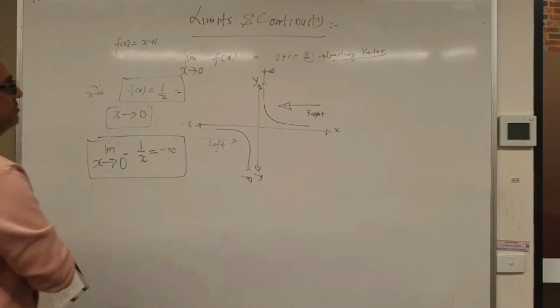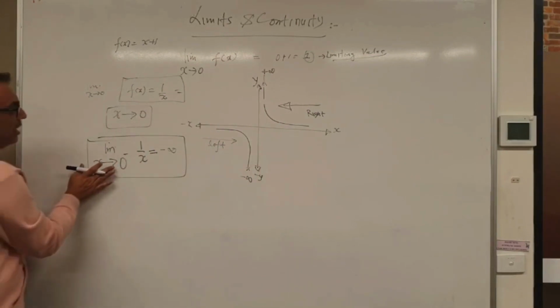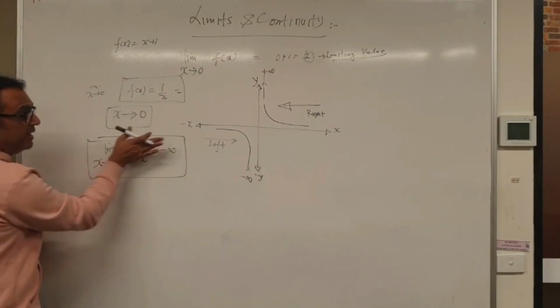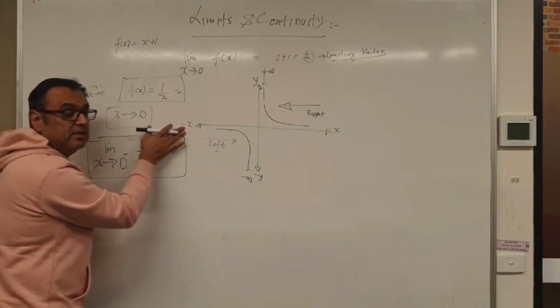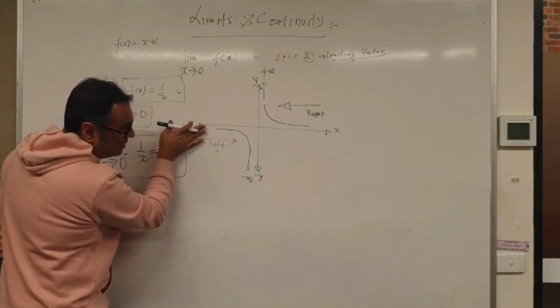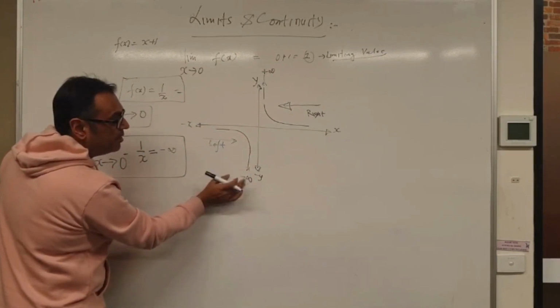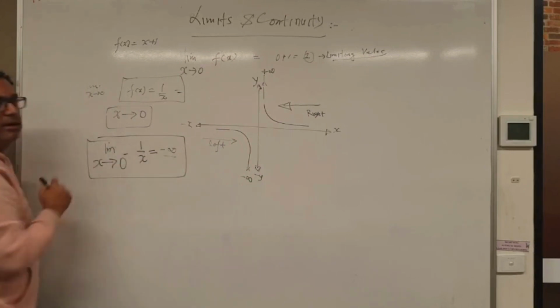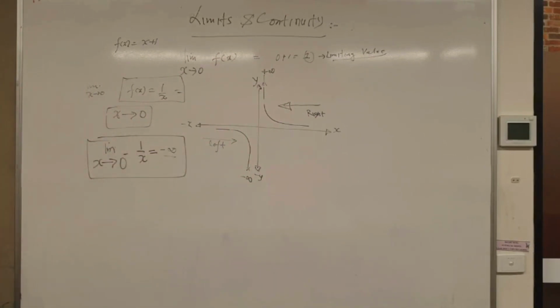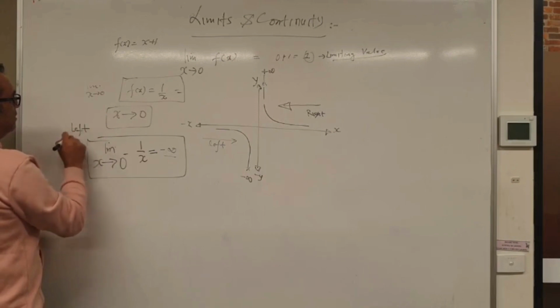You see here, I'm talking about this. When you're approaching 0 from the negative side of x, what is happening? You are going to negative infinity. Did you get it? Yes? So this is called the left limit.